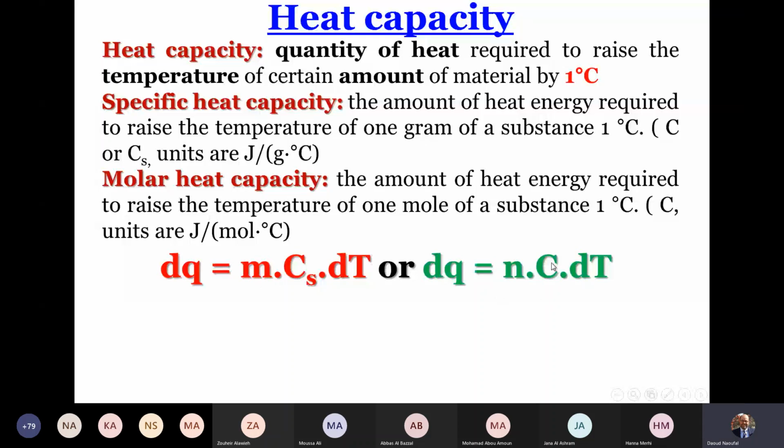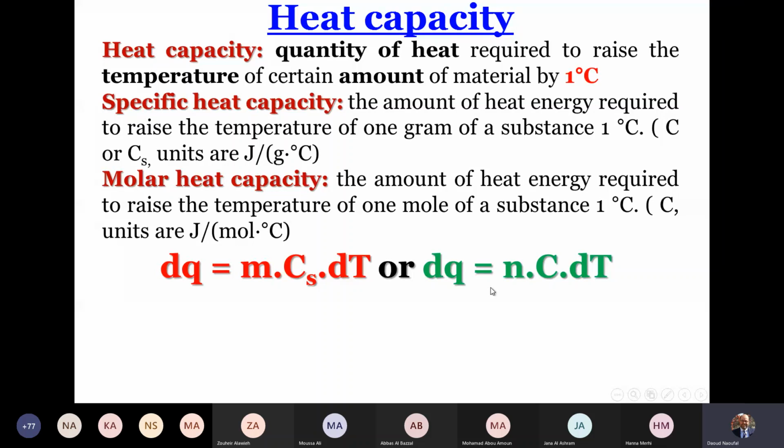So dQ equals, if the heat capacity is given according to the mass, I put m. And if the heat capacity is described according to the number of moles, I put n. So dQ equals m C_s dT, or dQ equals n C dT. Which formula should be used? It depends on the type of the exercise.